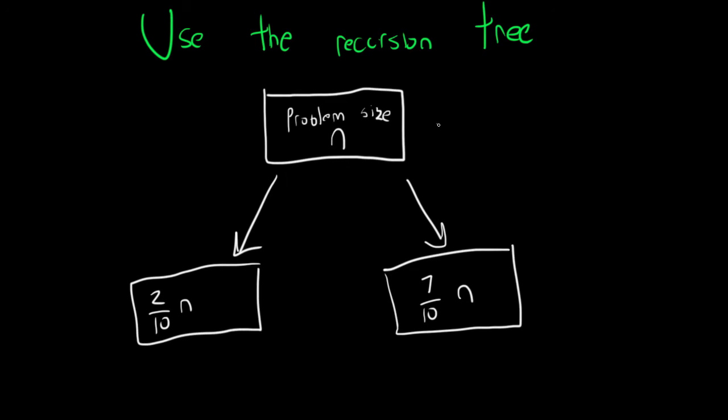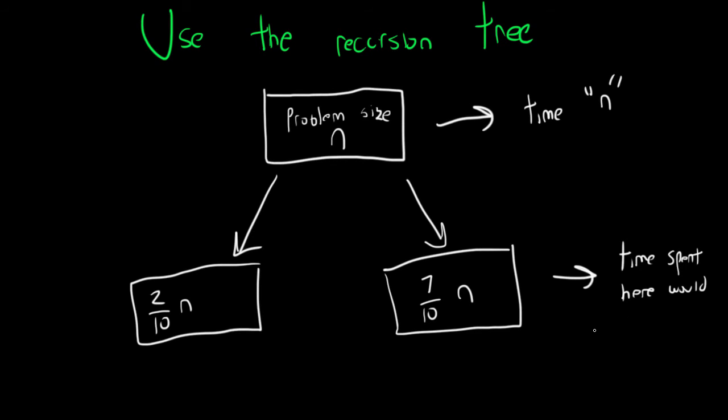The time spent here, and then over here, would be when you add them up: 2 over 10 plus 7 over 10 is going to be 9 over 10. That's the amount of time spent over here.